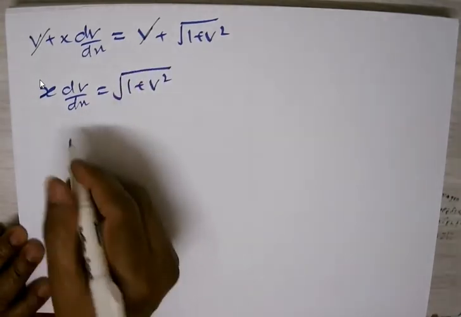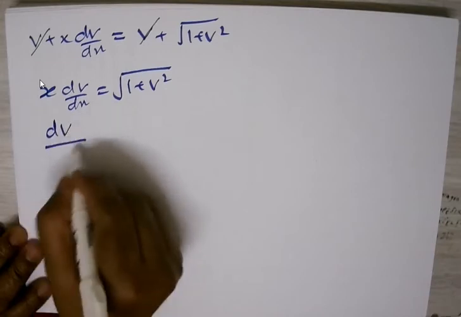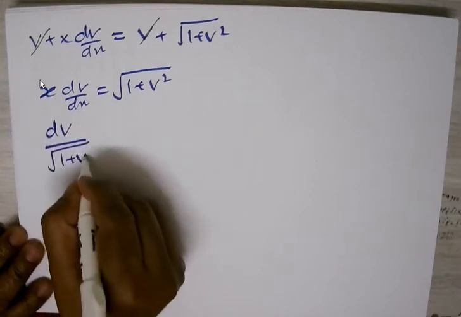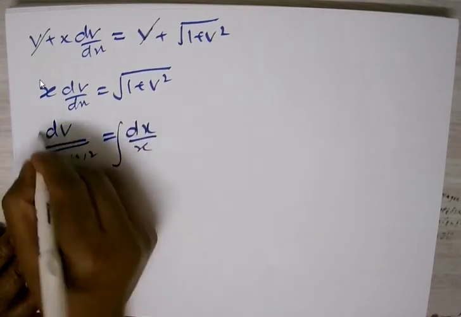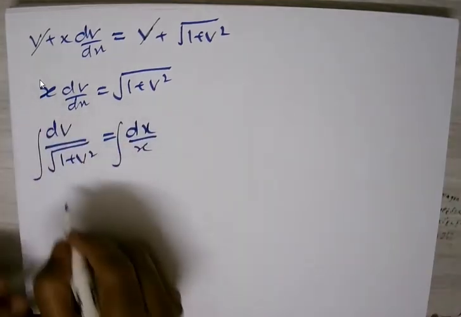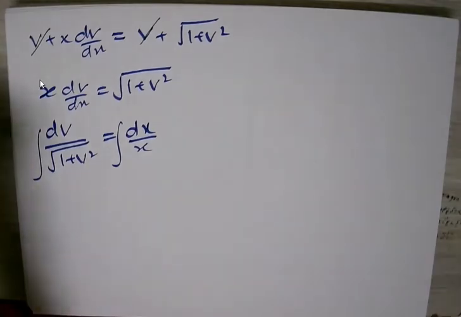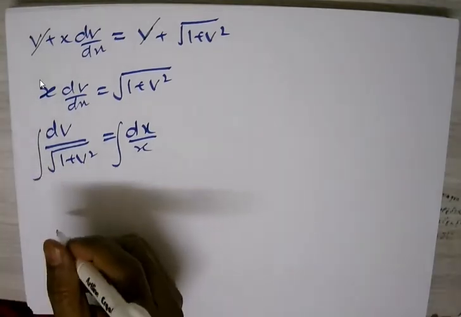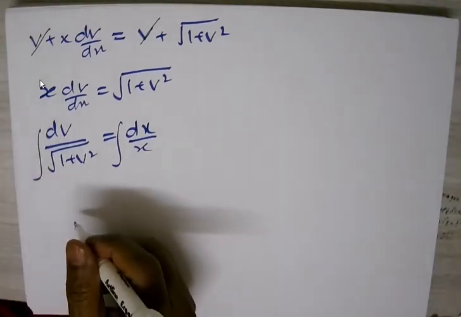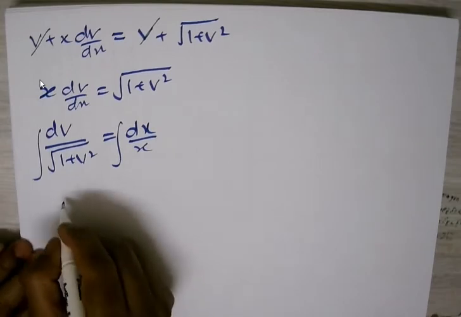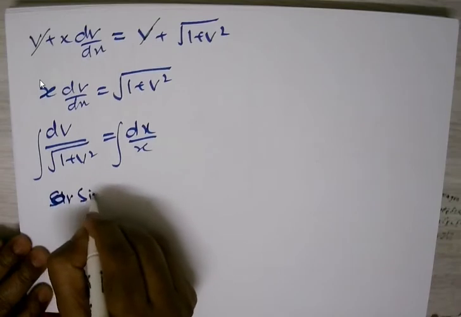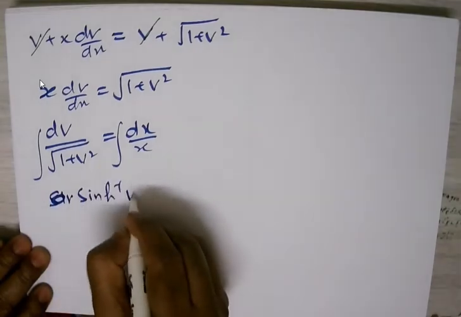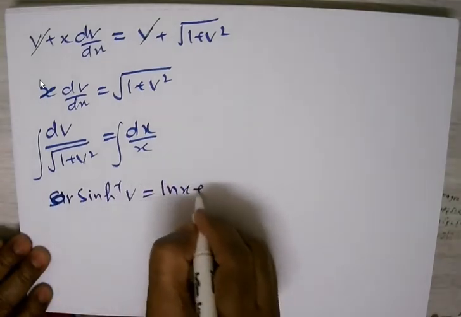Now use the variable separable method. We can write it as dv over square root of 1 plus v square equal to dx over x. Now integrate that. The integration of that by standard rule is sine hyperbolic inverse v is equal to ln of x plus c.